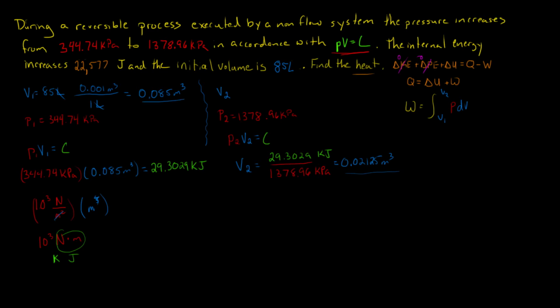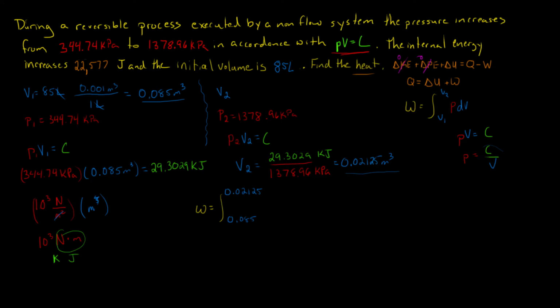So if I write my integral again, I have my work is equal to the integral from V2, which is 0.02125 meters cubed, to 0.085 of, we need an expression for what P is. Well, we're going to use this equation one more time, and if PV is equal to C, then P is going to be equal to C over V. And this is what we're going to put inside the integral.